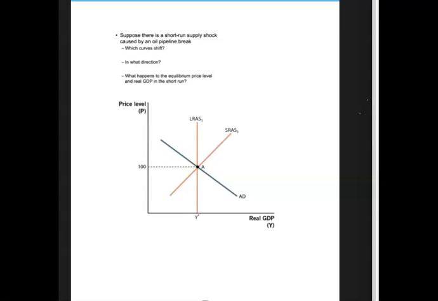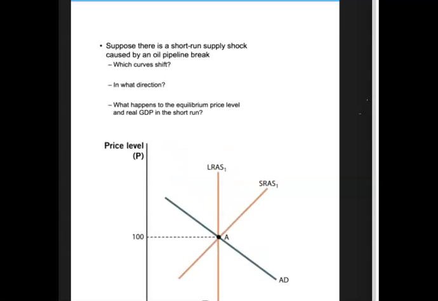The next thing here is, suppose there is a short run supply shock caused by an oil pipeline break. This oil pipeline break is not long term, right? This is a short run negative shock. So it will not affect the long run aggregate supply.